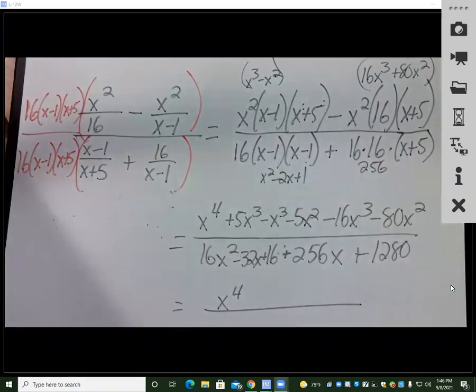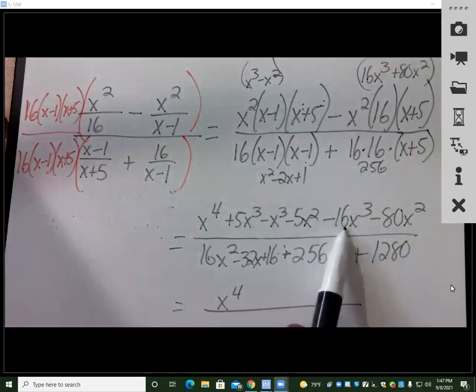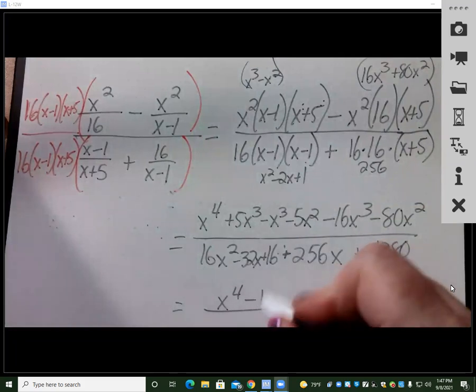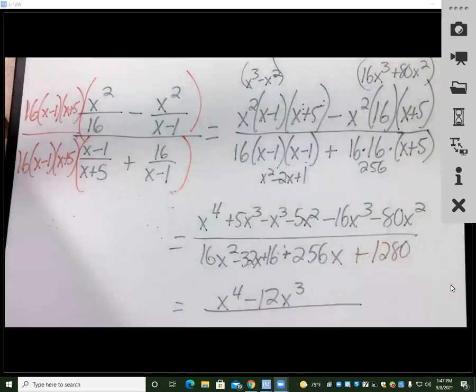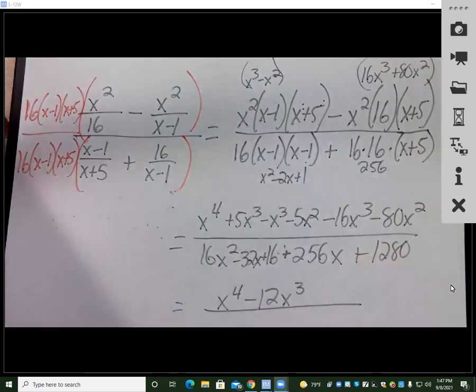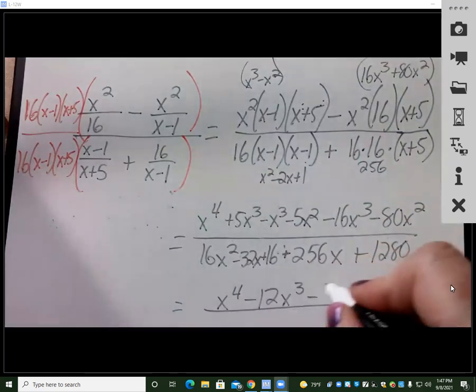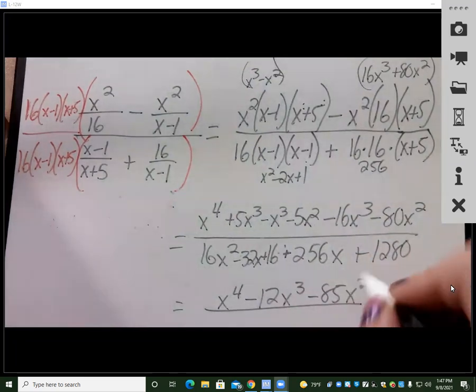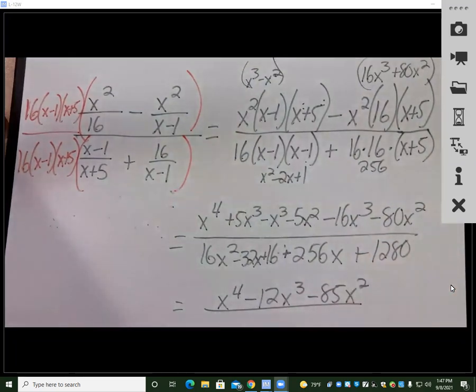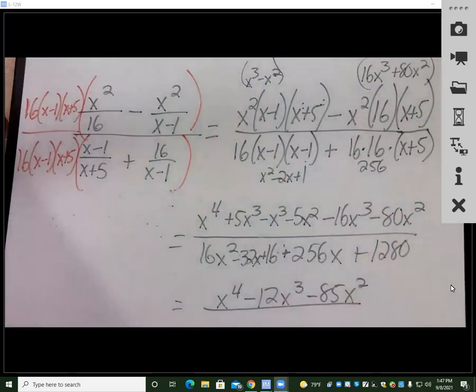Okay, so up top, let's see, I've got 4 minus 16 would be a negative 12x to the third. And then negative 85x squared. Tell me if you agree. You with me? And then on the bottom, what do I have left?